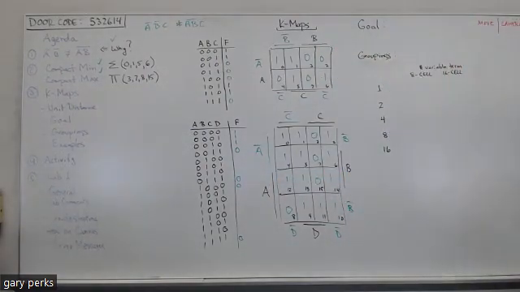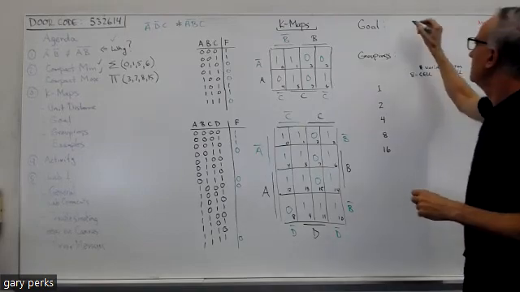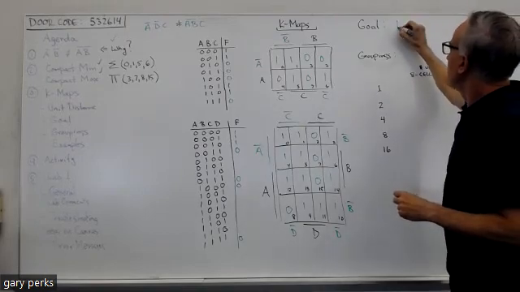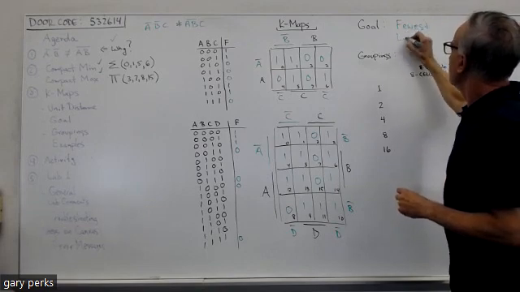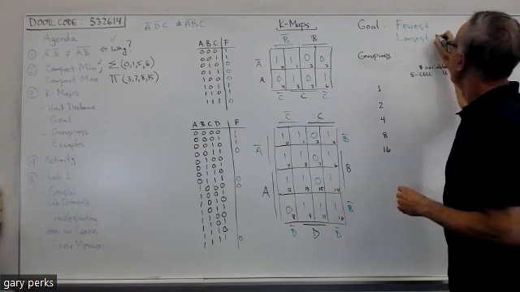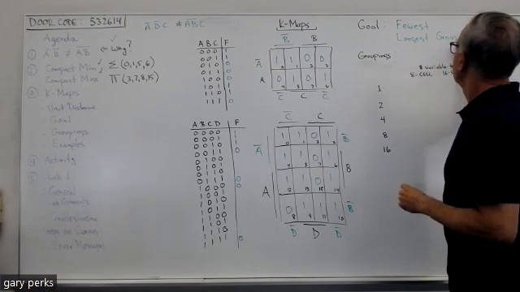Okay, so everybody ready now to start some examples? I'm going to tell you what the goal is and then how we do the groupings, and then we'll get to the examples. So the goal of K-maps is that you want the fewest, largest groups.